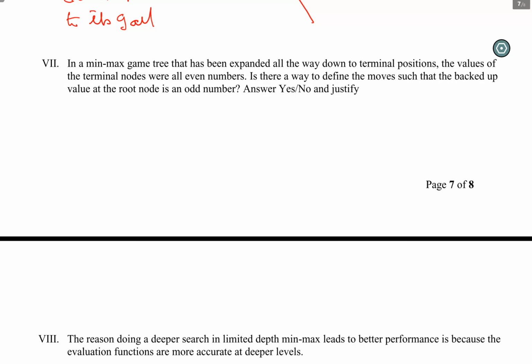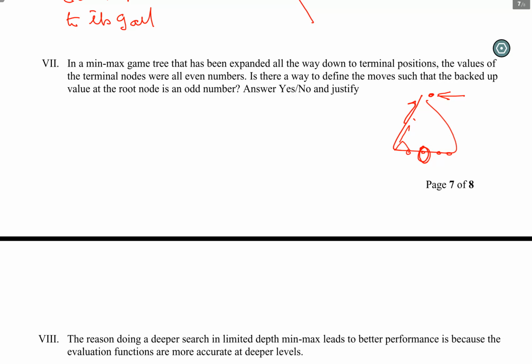Now in the context of this min-max thing, all I was looking for is to say that when you're doing min-max, the evaluation values at the bottom are taken, and you're taking mins and maxes of them to get to the top. And so when you're doing mins and maxes, in the end the backed up value at the root node would be some value from the bottom or the leaf level.